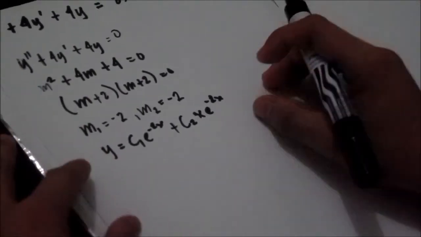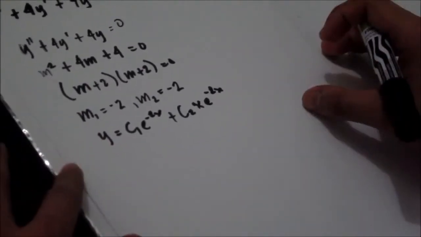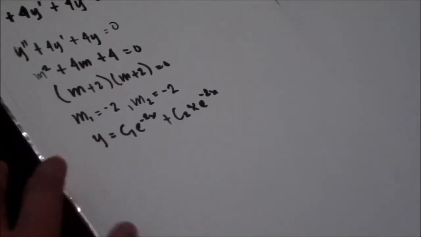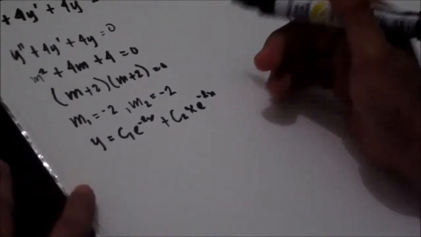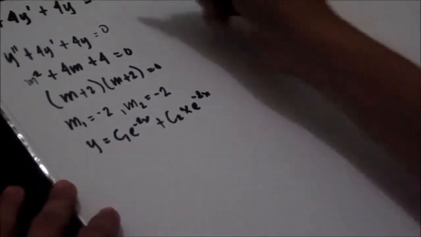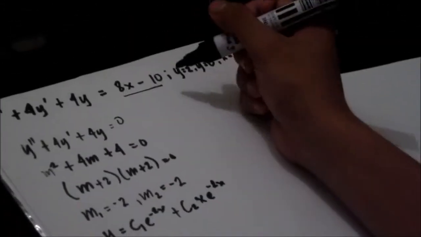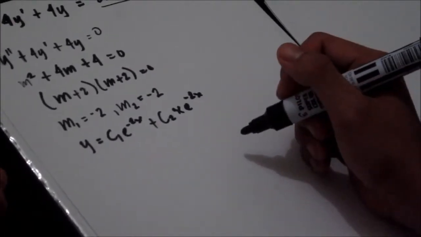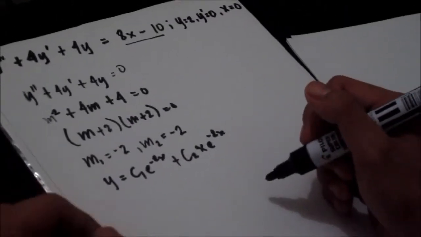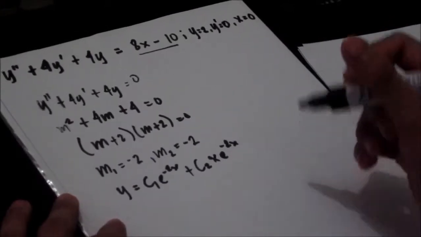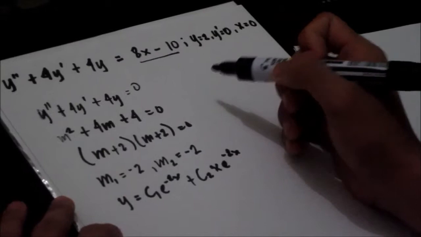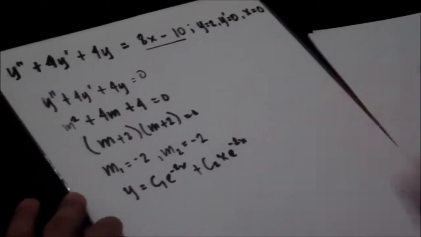And the next step in finding the complete solution of a non-homogeneous differential equation is finding the particular integral for the right side of the equation. We can find it separately or simultaneously, but for me it is easier to find it separately.